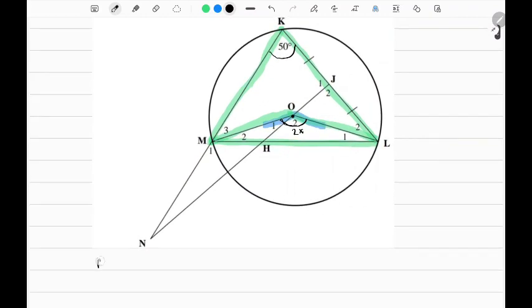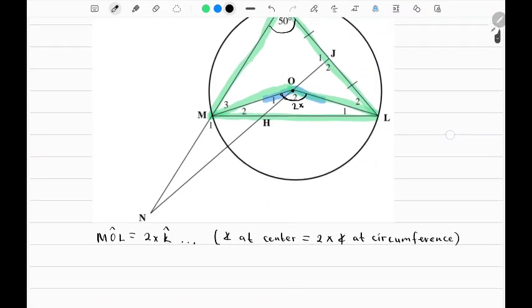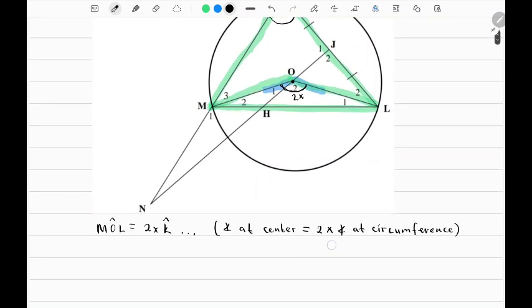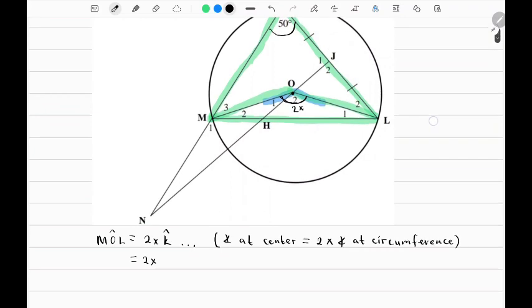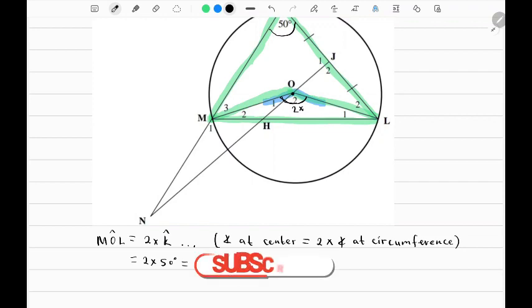Angle MOL is equal to 2 times angle K, and the reason is angle at the center is 2 times the angle at the circumference. So we can substitute: 2 times 50 degrees, which is equal to 100 degrees.